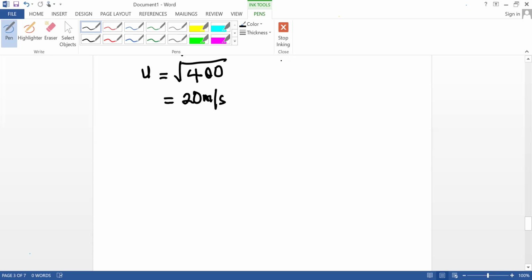What's your answer? 250 meters per second. Okay, Darius is also finding an answer of 250. Let's see. So we are told the angle of projection theta is 30.